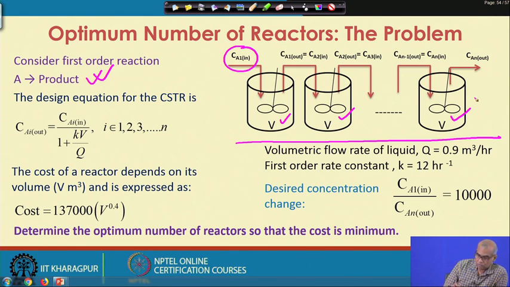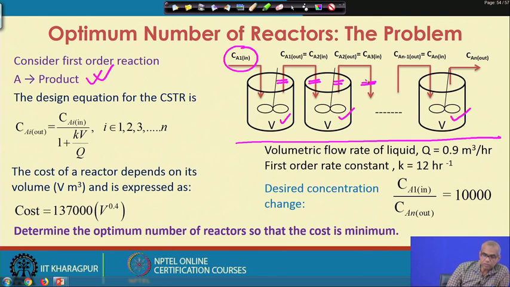So, the outlet concentration of CSTR1 is the inlet concentration of CSTR2. The outlet concentration of CSTR2 is the inlet concentration to CSTR3 and so on and so forth.